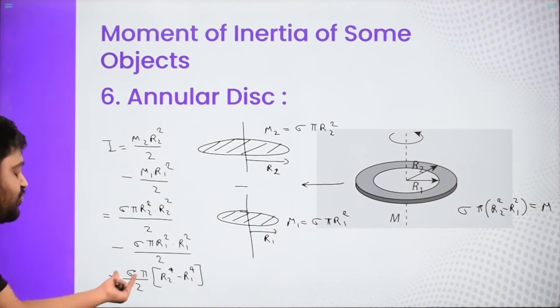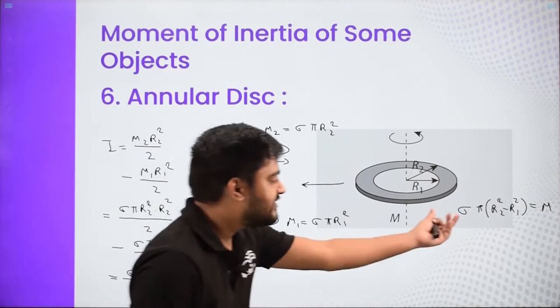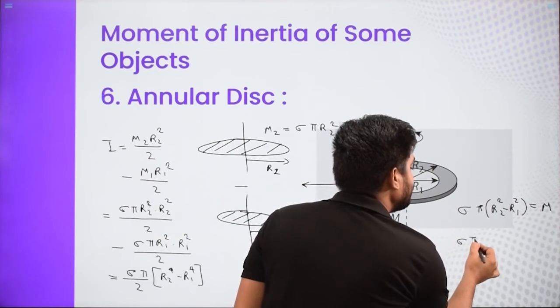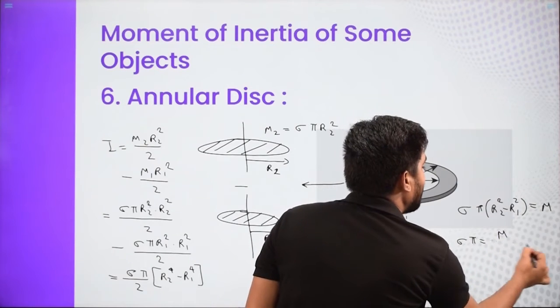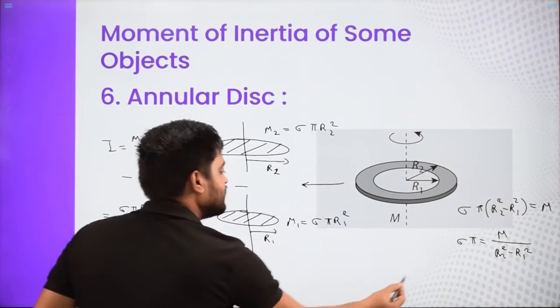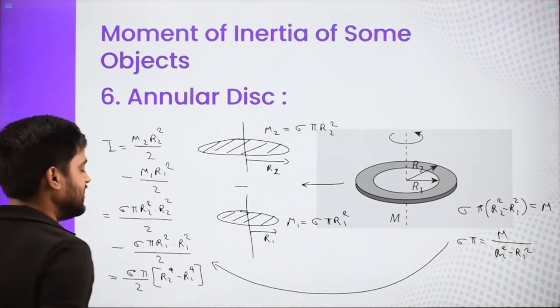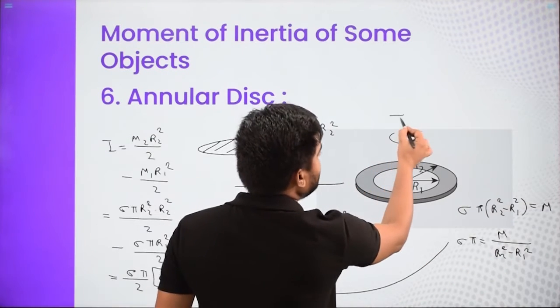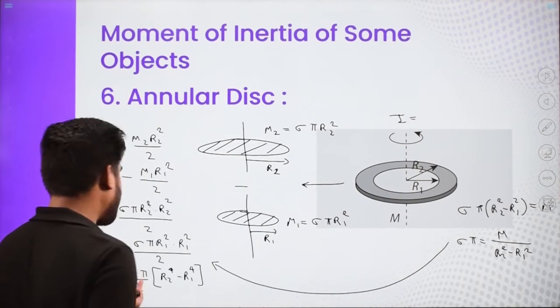And again, I need to put the value of sigma pi using this equation. So what is the value of sigma into pi? That is nothing but m divided by (R2 square minus R1 square). Substitute this value all the way in this. So what will be the final answer? Moment of inertia about this is nothing but sigma pi by 2.